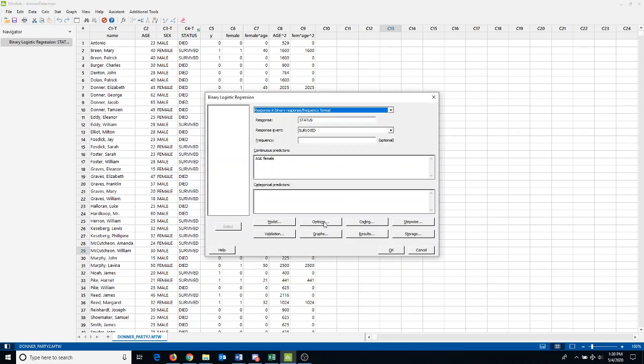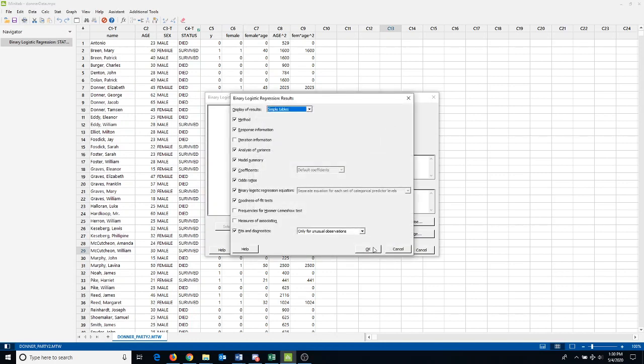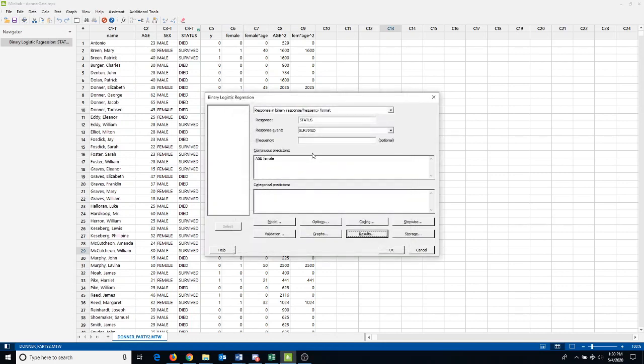One of the things I want to make sure is that I'm doing the maximum likelihood ratio test. In this case it is not going to be as important, but later on, if we were doing this in a normal class, we would then go ahead and evaluate that. So the status, again, I want to see if I survived or not, and the continuous predictors are going to be age and female.